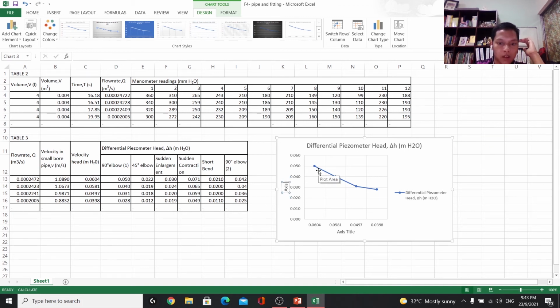is actually piezometer head differential.